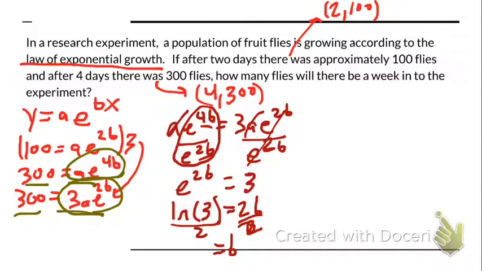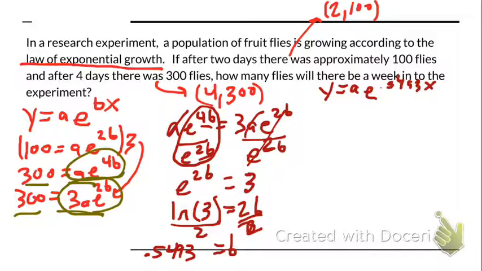So you type that in your calculator, you do the natural log of 3, make sure you close the parentheses first, and then divide by 2, and you should get 0.5493. Alright, so at this point, our model is y is equal to a times e to the 0.5493x power.